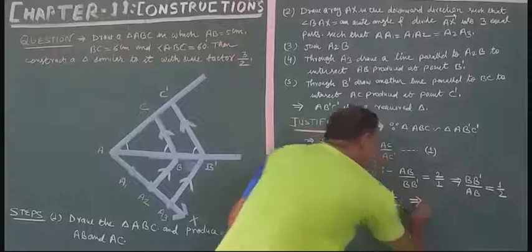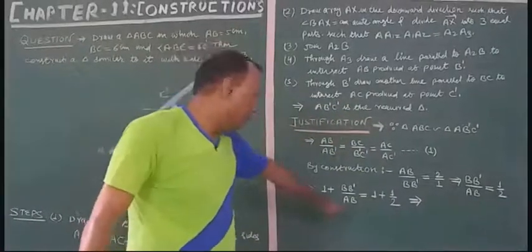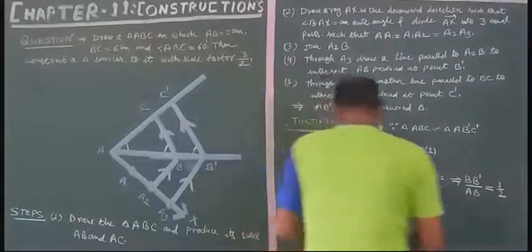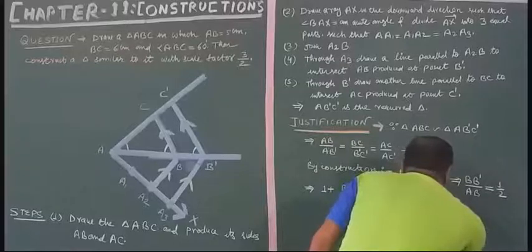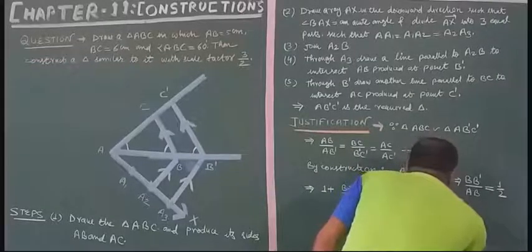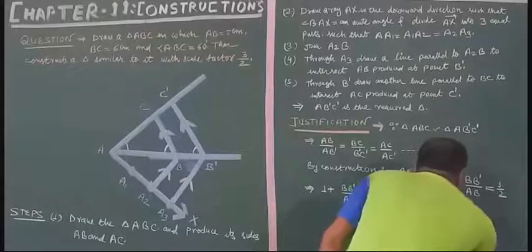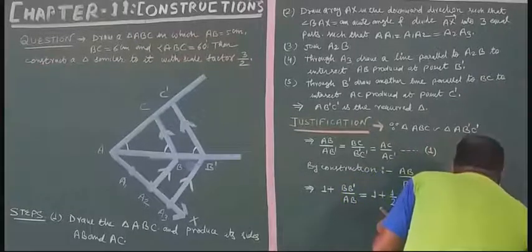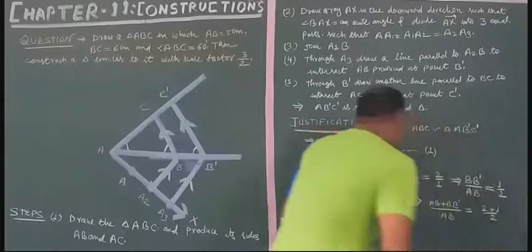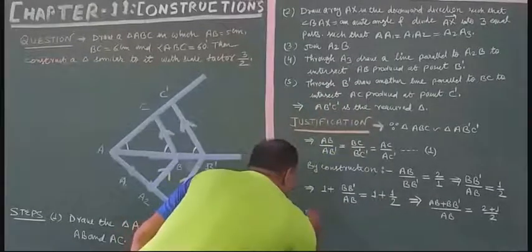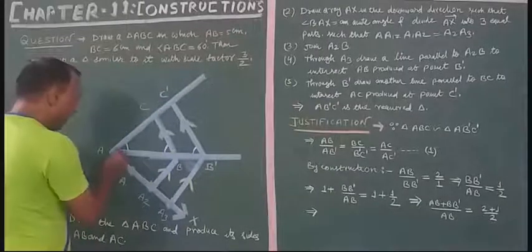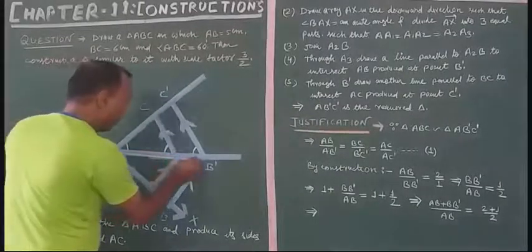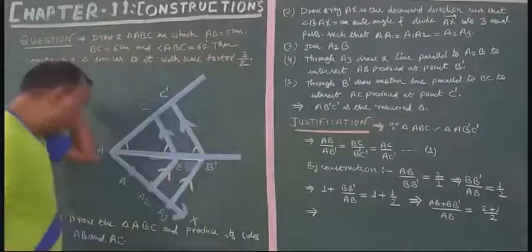Is it there? Now take the LCM. On the left hand side, the LCM is AB, and this AB will multiply here. So what will happen? AB plus BB dash upon AB is equal to, just look here, 2 plus 1 upon 2. Is it there? Now just look here. What is AB plus BB dash? Is it not AB dash?